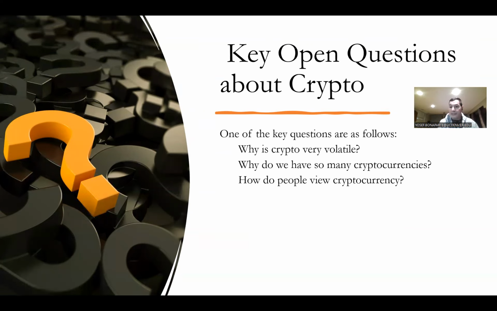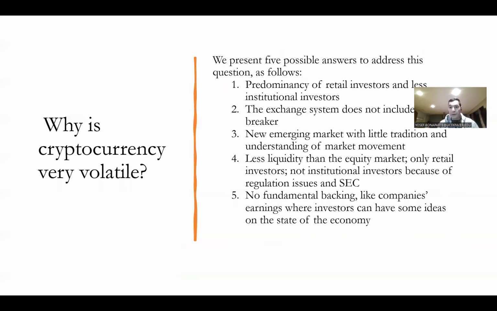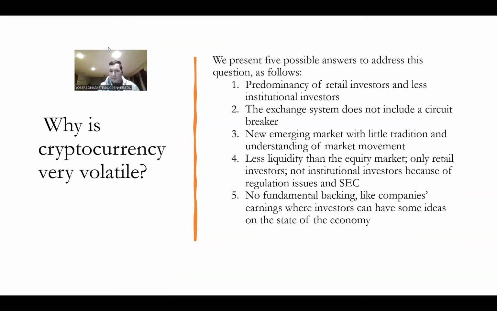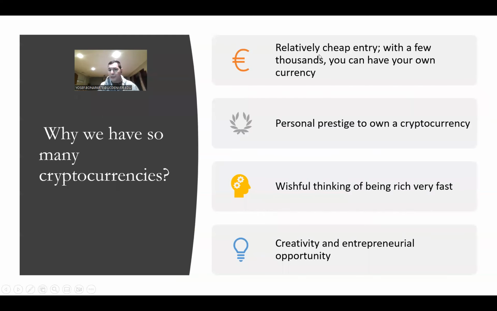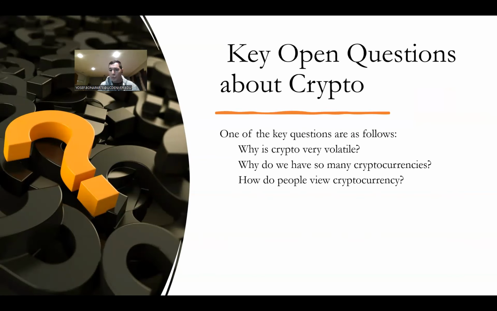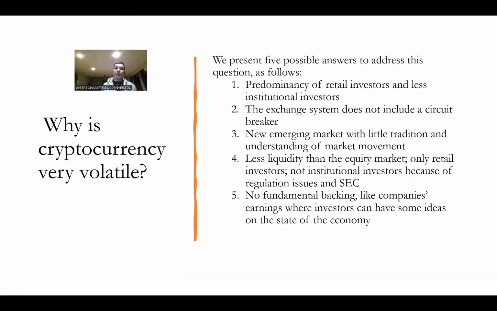When I did the book, I did a survey of students and people outside the university, and here's what I found about what people view cryptocurrency as. Some people think it's digital gold.